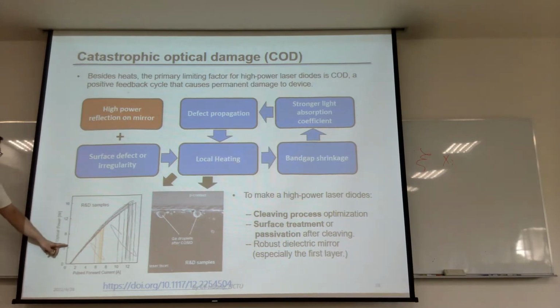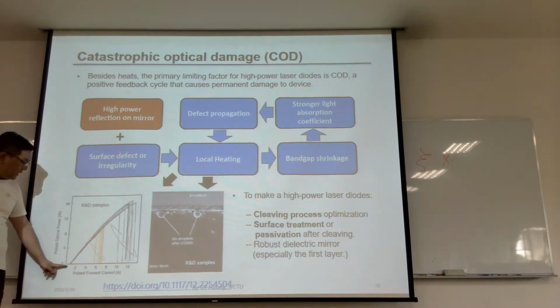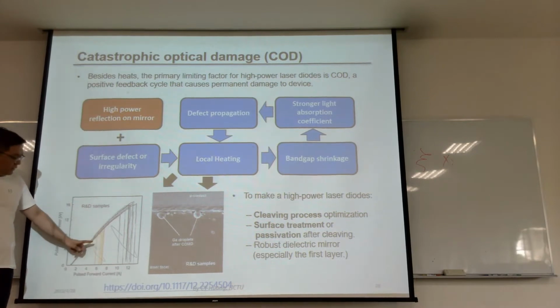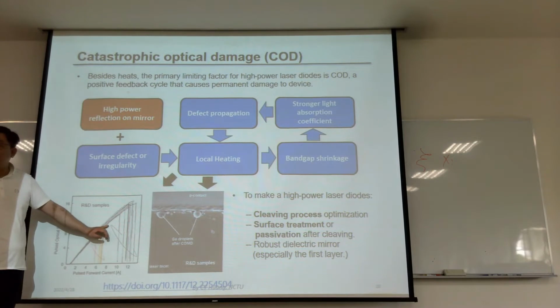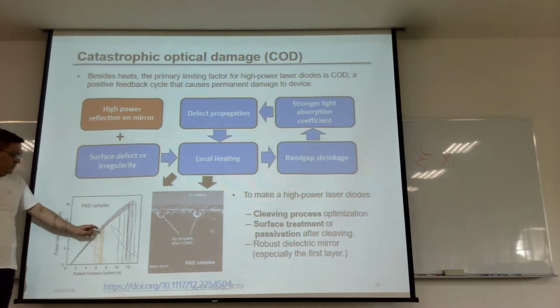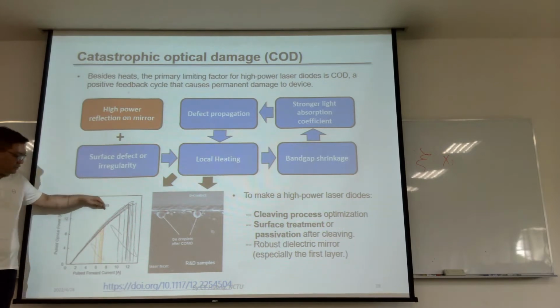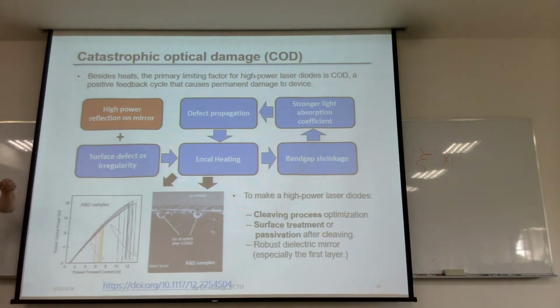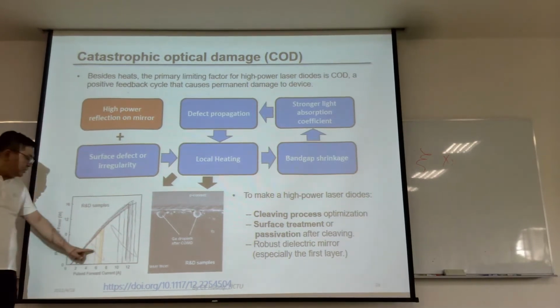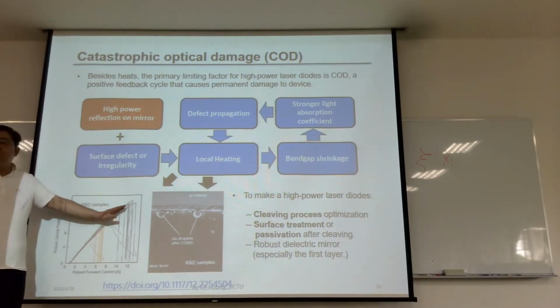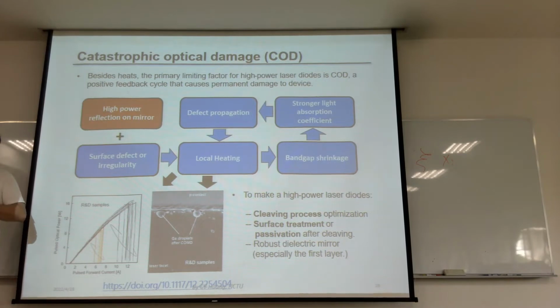So the IV curve will look like that. It will increase, and you see that the slope is slightly decreasing due to the thermal rollover, but has not reached its maximum yet. But at a certain point, it just directly goes to zero because the mirror is damaged. Then if you try to measure that again, it doesn't return to the original curve.